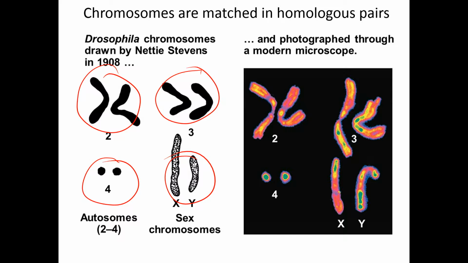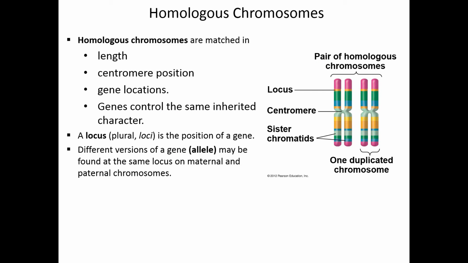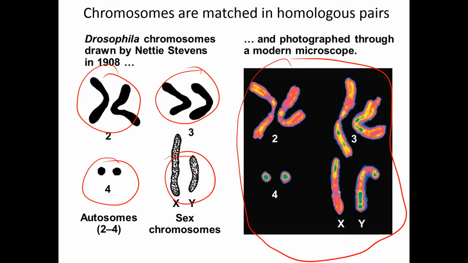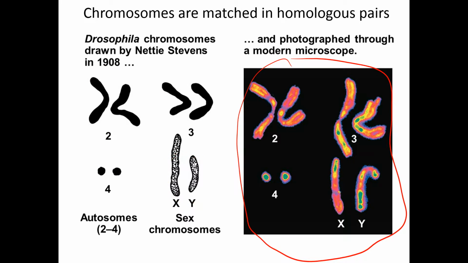Here on the right you're actually looking at the full karyotype of the fruit fly. Now, homologous chromosomes. When I talk about homologous chromosomes, what I'm referring to is the fact that for this complement of chromosomes, you have 2 sets or 2 pairs.